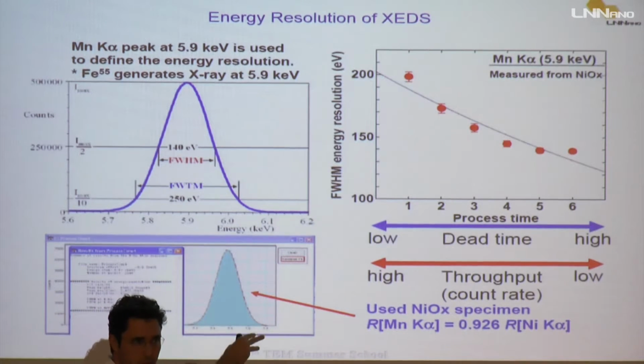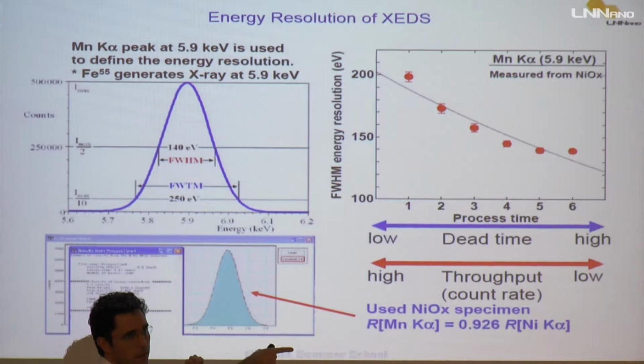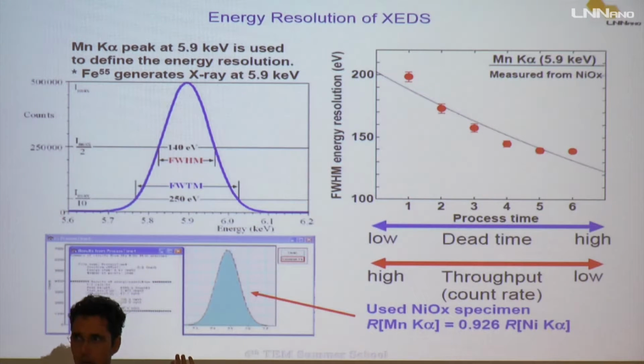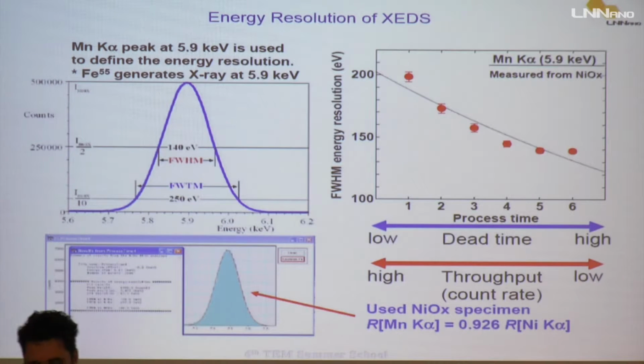Then the detector says, I got a photon with that energy, and starts to measure again. You may have many photons coming, and all these events will create an amount of electrons, a small current that will be measured as a photon.